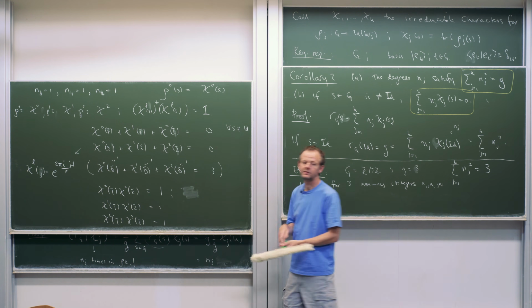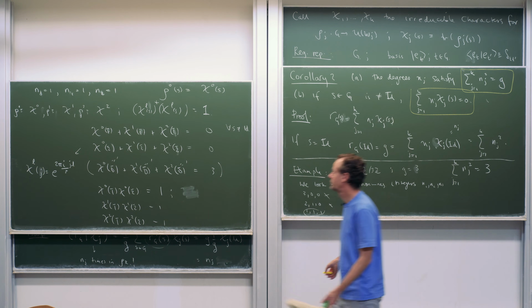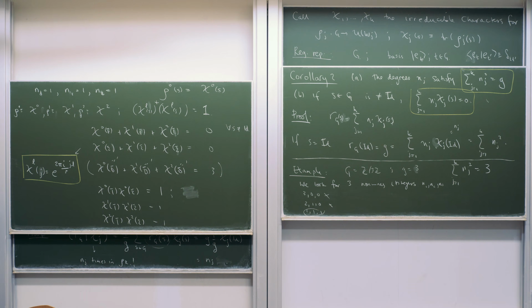So the answer is that there are 3 irreducible representations of dimension 1 of this group, and they act as the roots of unity, like so.